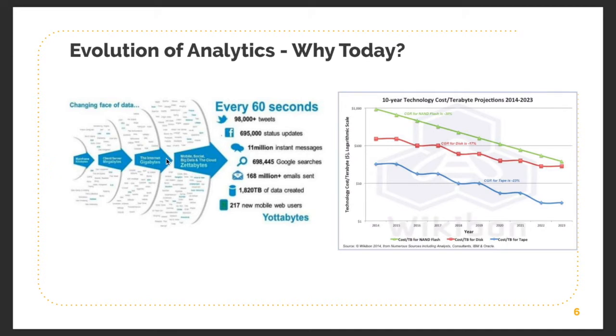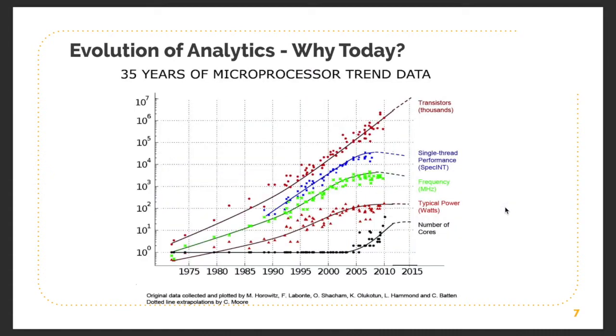I don't even know how to describe that in terms of how many billions that is. But you see, the good thing is while the volume of data is increasing, there is a steady decline in the cost of technology per terabyte. You can see the green line representing the cost for flash drives as well as for the hard drives and even the tape drives. All of those storage devices decreased steadily, while the cost is decreasing, the capacity is increasing at the same time.